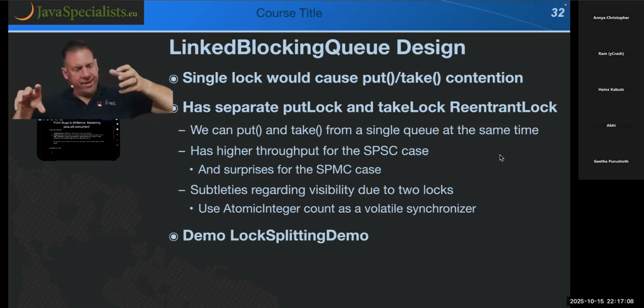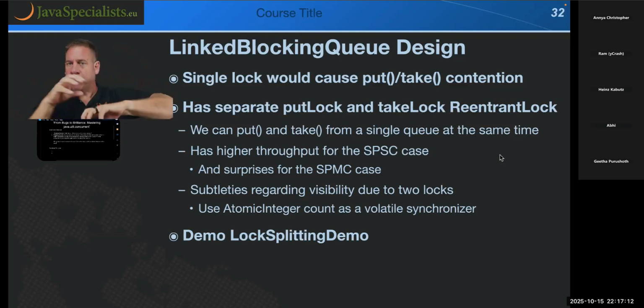So how do they make sure that the information is visible between the multiple threads when you've got two locks? What they do there is they've got as a referee between these two an AtomicInteger. AtomicInteger has the count as a volatile, and that ensures that you get visibility between the multiple threads putting and taking from the queue. So it's really, really interesting.